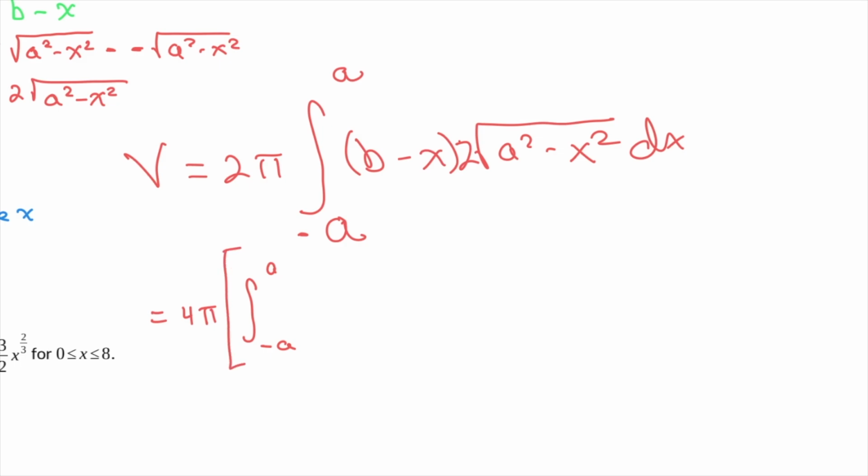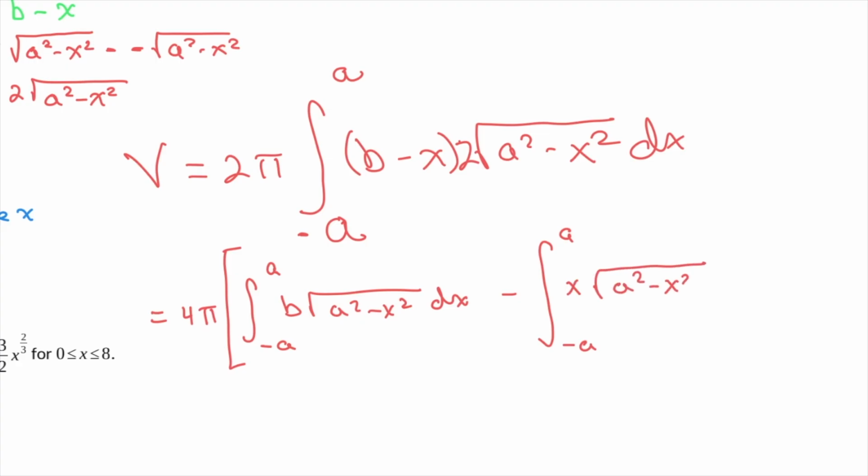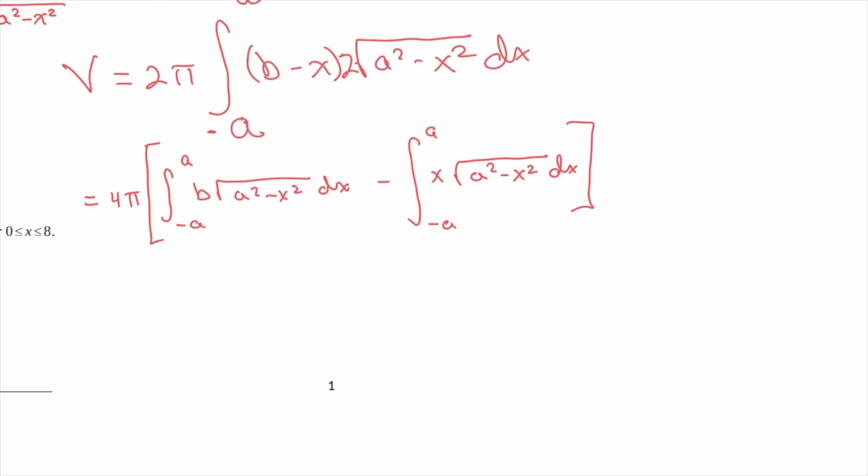If we distribute, we're going to have b times the square root of a squared minus x squared dx minus the integral from negative a to a of x times the square root of a squared minus x squared dx. Double check my algebra, make certain everything's working out well.